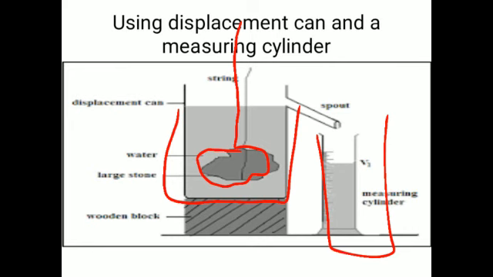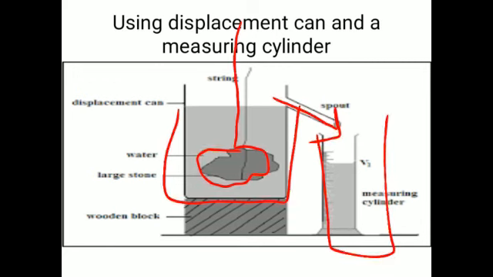As we immerse or suspend or fully dip the object whose volume is to be determined, the displaced water will come out of this spout. It happens.